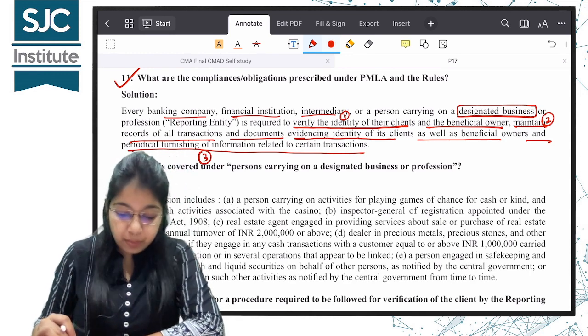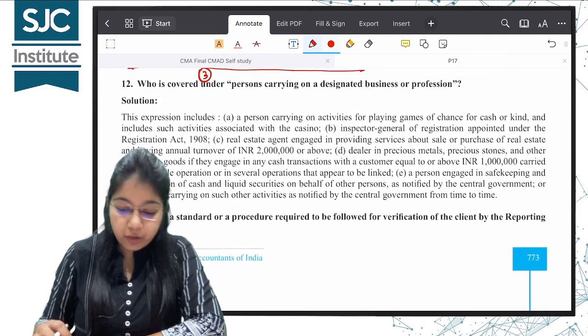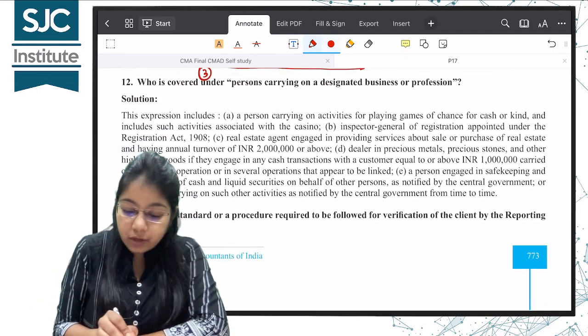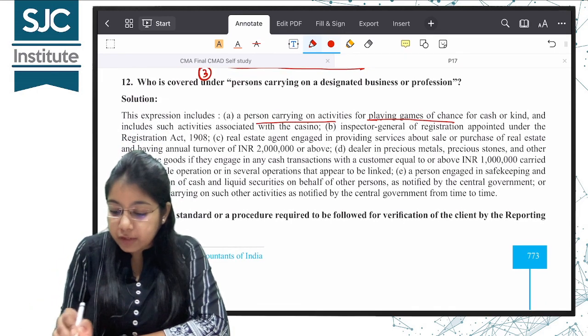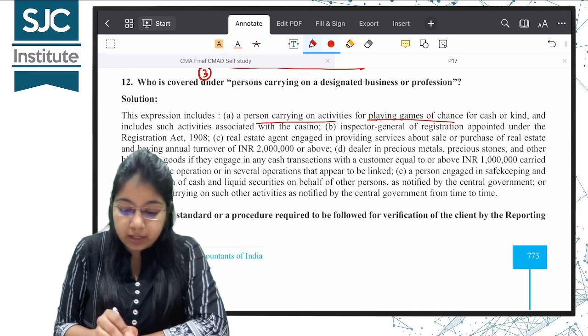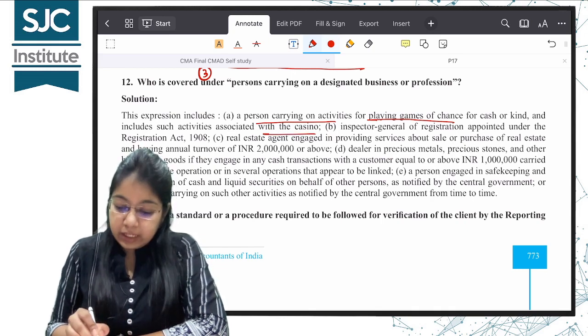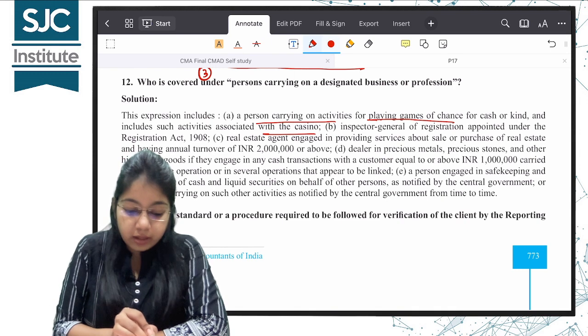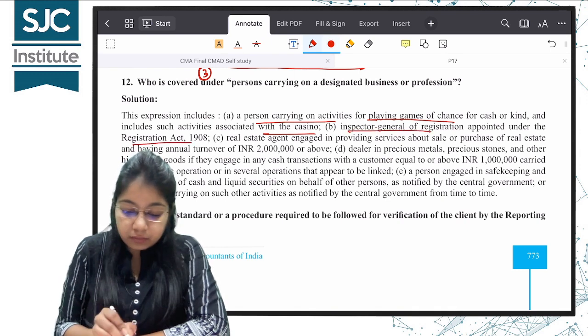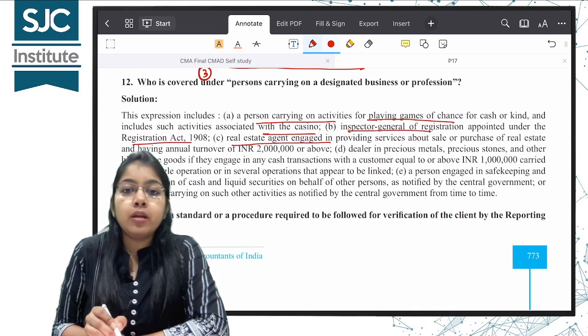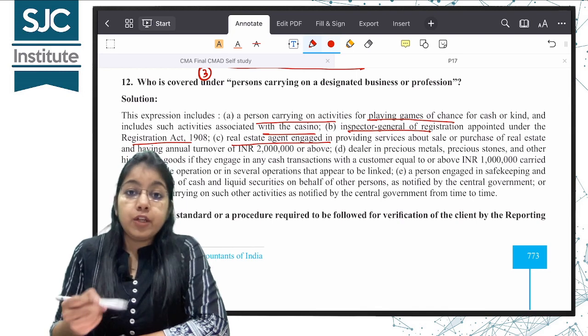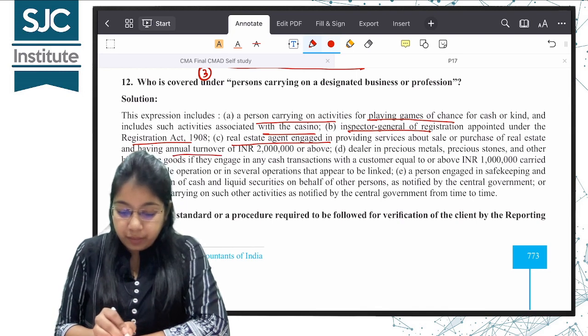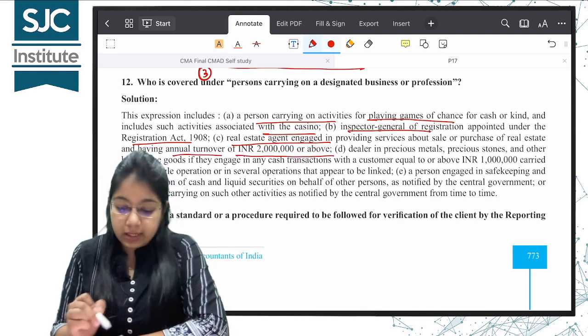Who is covered under persons carrying on a designated business or profession? A person carrying on activities for playing games of chance for cash or kind and includes such activities associated with a casino. Inspector General of Registration appointed under the Registration Act. Real estate agent, where the annual turnover will be 20 lakhs or above.